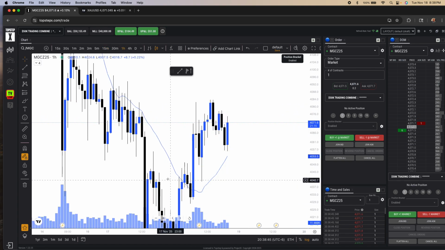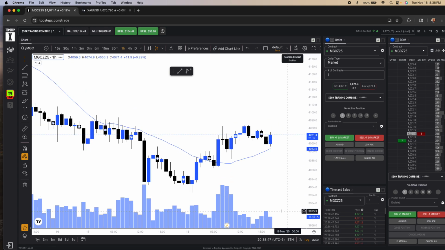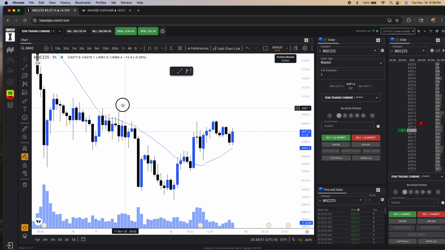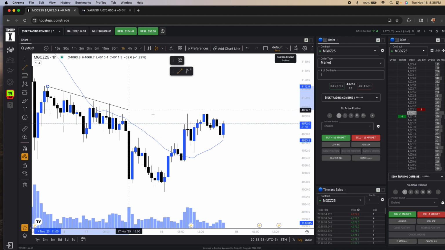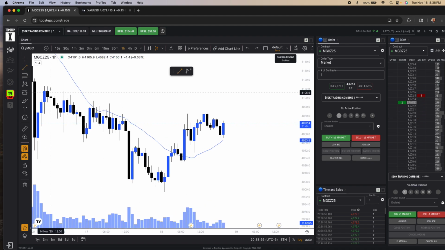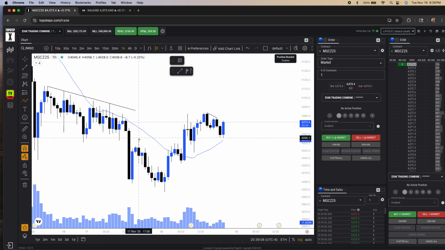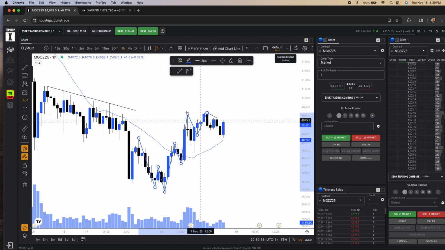So let's go. Going to the chart right now, you can see we're kind of making higher lows and higher highs on the 1 hour time frame. We have a ton of liquidity that we can take out that is resting above here, and we also have liquidity that is resting right here. So I saw on the 1 hour time frame we had made bullish structure. Essentially, we were going to the upside.